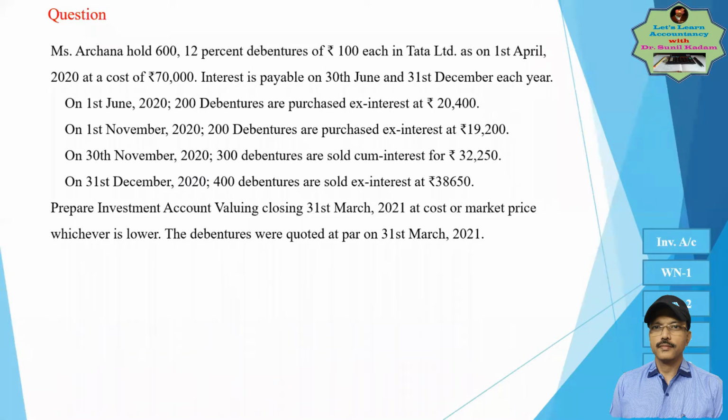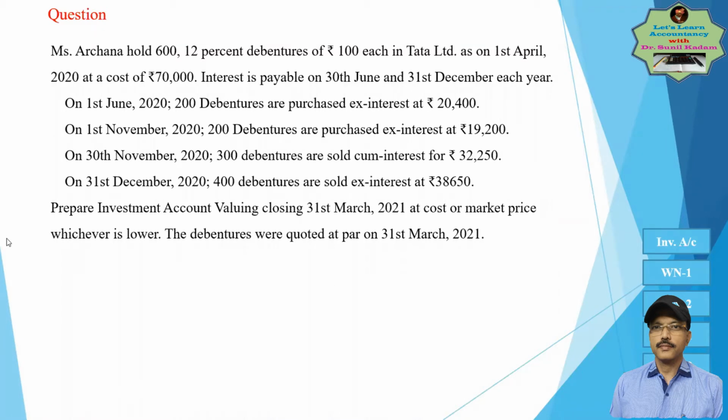Miss Archana holds 600 12% debentures of rupees 100 each in Tata Limited as on 1st April 2020 at a cost of rupees 70,000. Interest is payable on 30th June and 31st December each year. On 1st June 2020, 200 debentures were purchased ex interest at rupees 20,400.